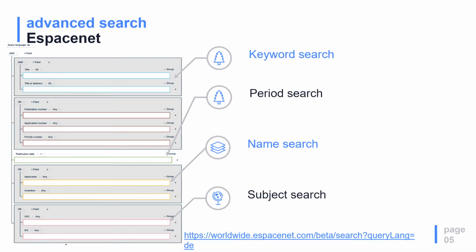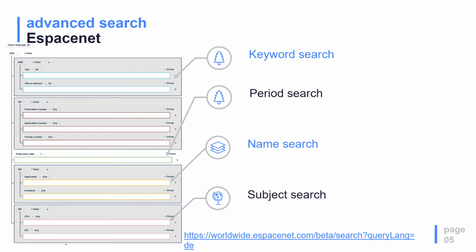So the search mask of the advanced search in Espacenet is structured according to the fields of the keyword search. With this search, you can find the text of patent documents. In the field of the period search, you can limit which documents from which years should be found. The name search can be used to filter documents from specific applicants and also from specific inventors.